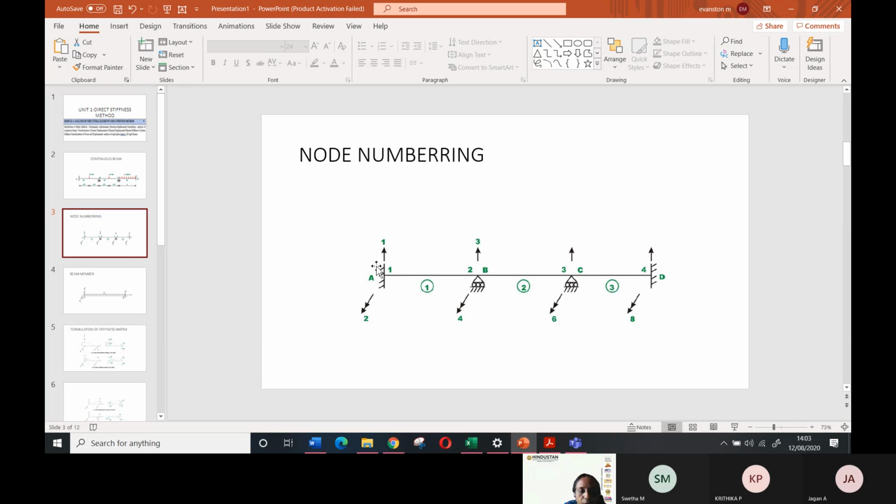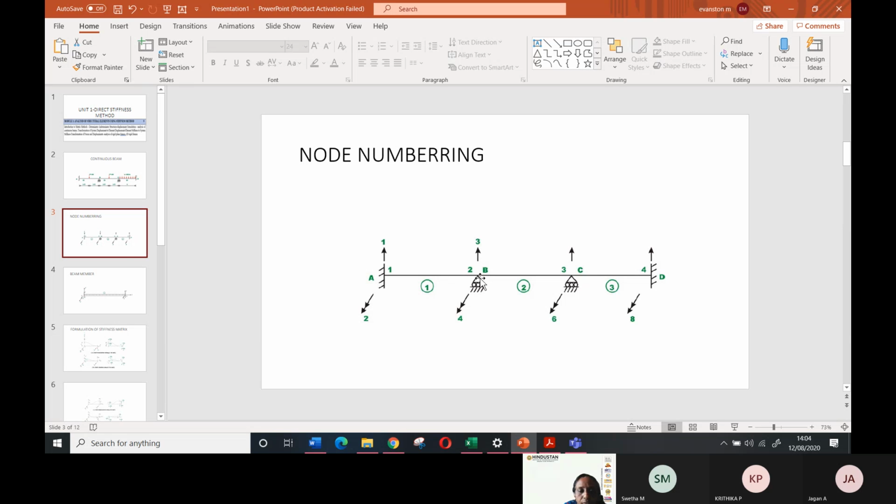What is the specialty of joint 1? It will not deflect and it can't rotate. So I have marked the deflection as 1 and the rotation as 2 for joint 1.